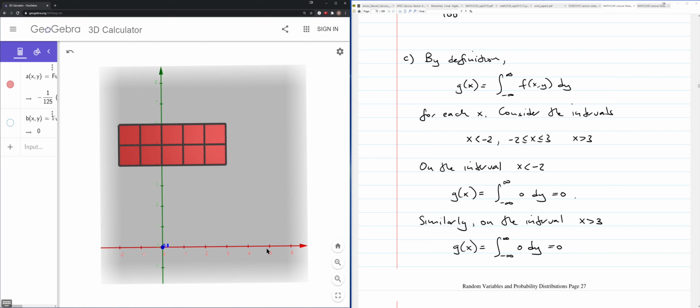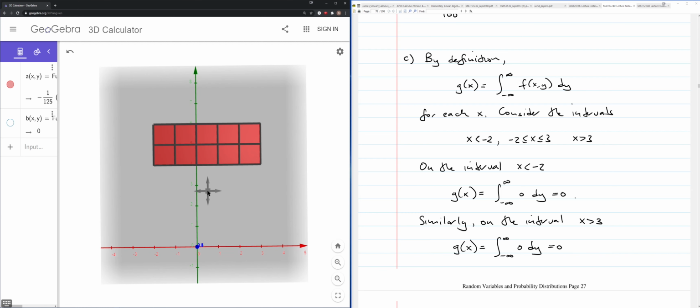Now this is my x-axis here, and this is my y-axis. What I want to do is calculate this marginal, g of x. The marginal will depend on what x is. As I said, the joint PDF is only non-zero in this rectangle.